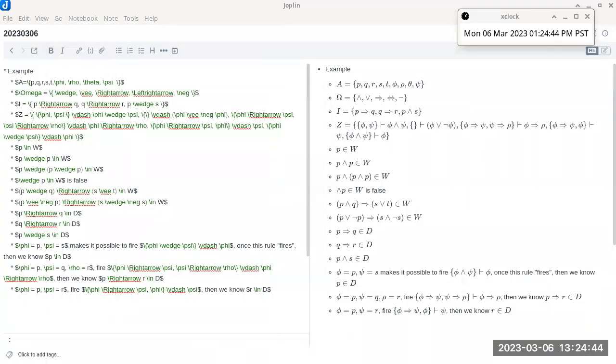And here W is the set of all well-formed formulae that you can make from alpha and omega. And D is the set of everything that is derivable from iota. Yeah, so it's a huge set.